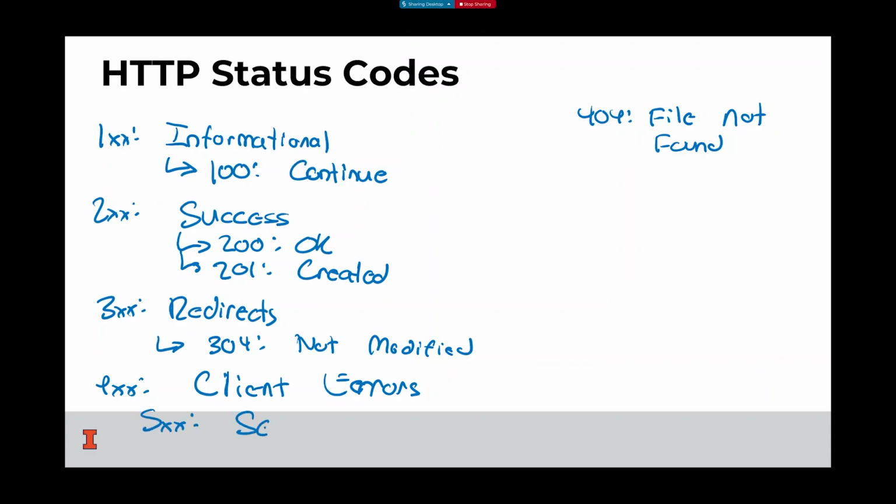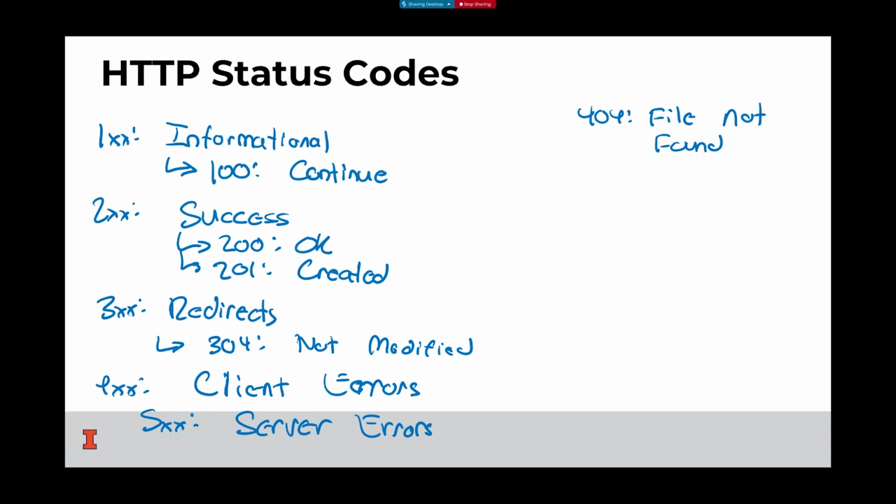5XX error codes are server errors. So if we, as web developers, app developers or web service developers, goofed up, if our code threw an exception and can't continue processing, we're probably going to return some sort of 500 level error that says, oops, our code threw an exception. We should probably debug something.